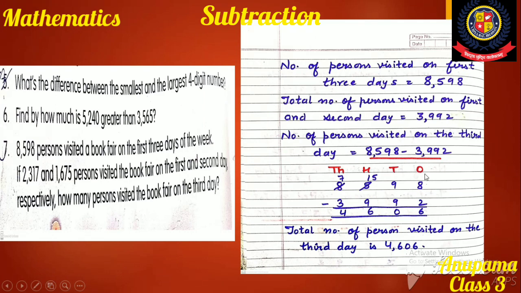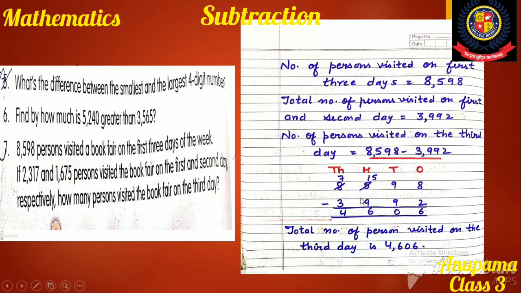So start subtracting. 8 minus 2, that is 6. So write 6 in ones column. Now 9 minus 9, that is 0. So write 0 in tens column. Now 5 minus 9, that is not possible. So we will take borrow from 8. So after giving borrow, here 7 is left. So 5 becomes 15.